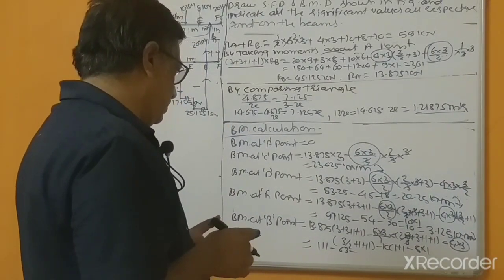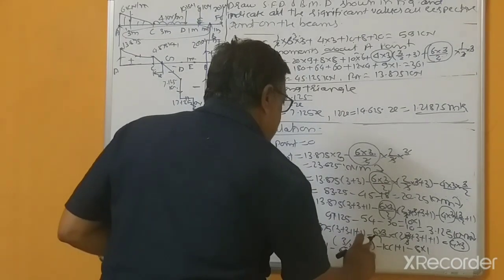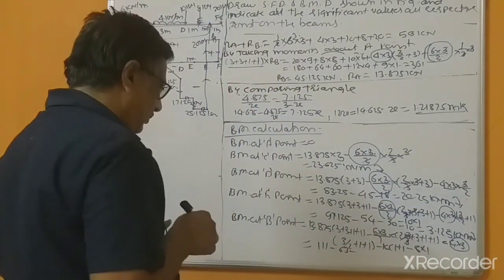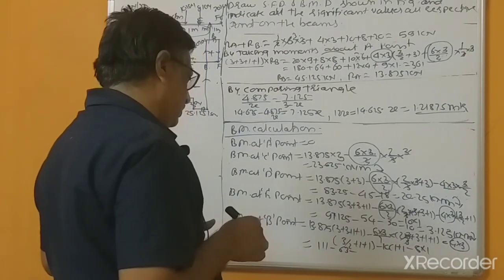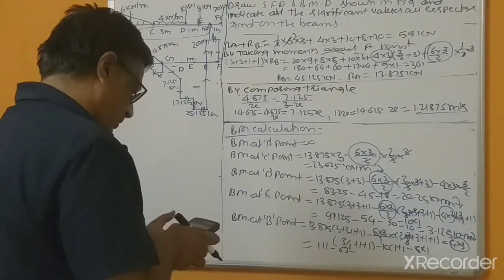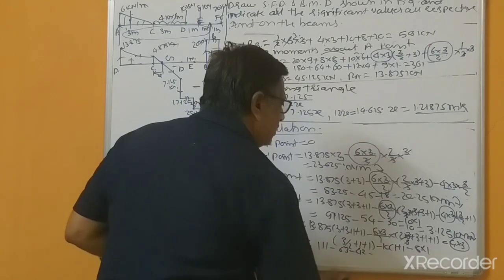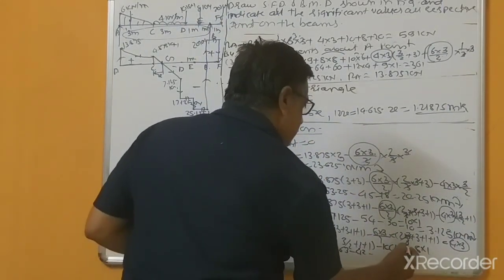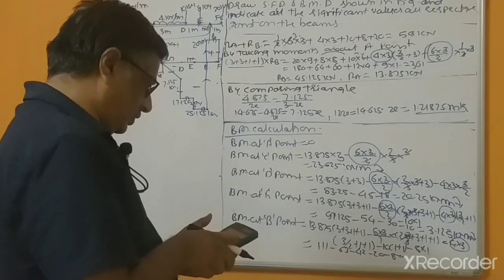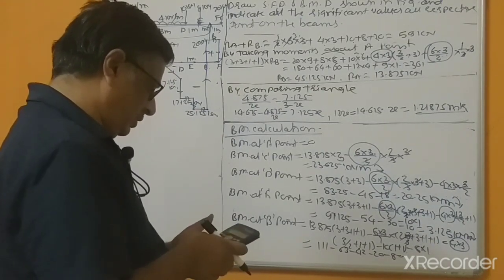63, 12 multiplied by 3.5 plus 1, 1.5, 12 into 3.5, 42, minus 20 minus 8 equal to 111 minus 63 minus 42 minus 20 minus 8.